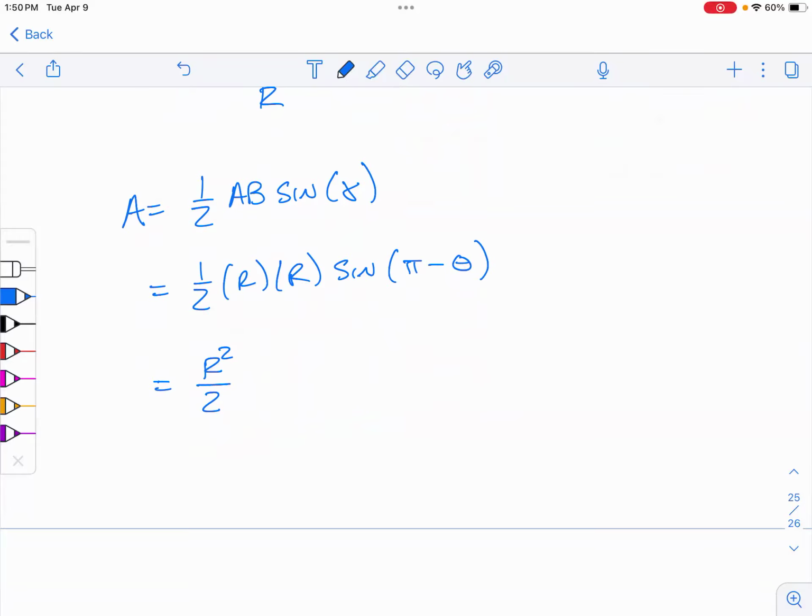So r times r times half is r squared over 2, sine of pi minus theta. How do I deal with that? Does that look familiar at all? Something familiar on the cheat sheet?